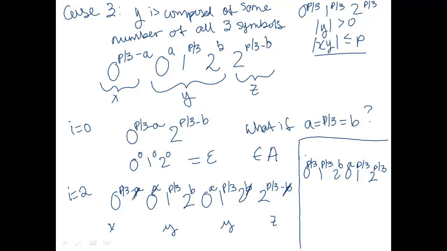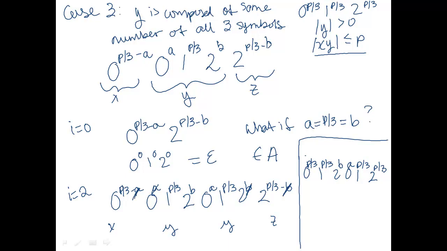All right. So why do we know that the string is not in the language? Obviously, all of our symbols are not occurring in the proper order. They're supposed to be 0, 1, 2. Bam, done. Okay, that's it. That's the language. We also know that, even if b and a were in fact 0, we would have a problem here, because we'd have 0 to the p divided by 3, 1 to the p divided by 3, 1 to the p divided by 3, 2 to the p divided by 3.